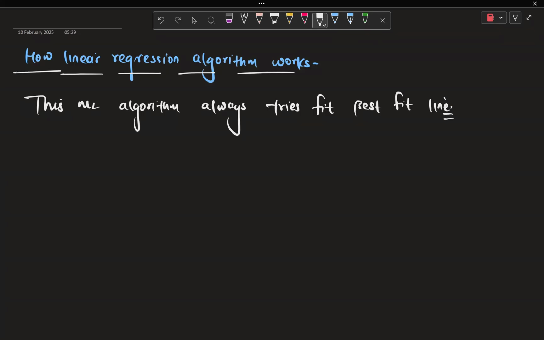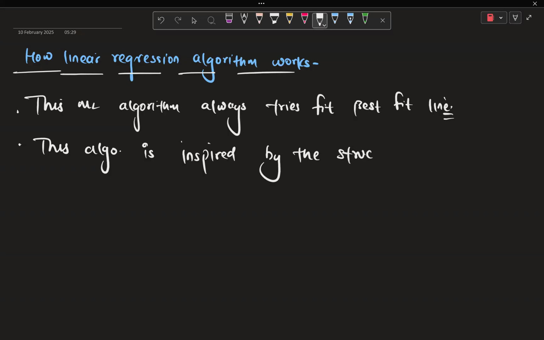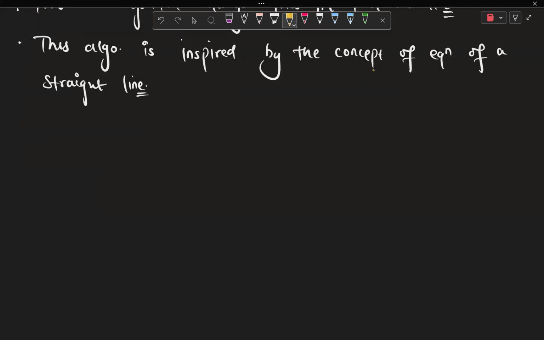What does it mean, guys? See, this algorithm is inspired by the concept of the equation of a straight line. So what exactly does it mean?